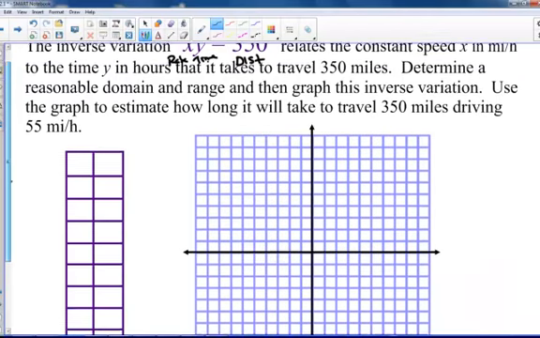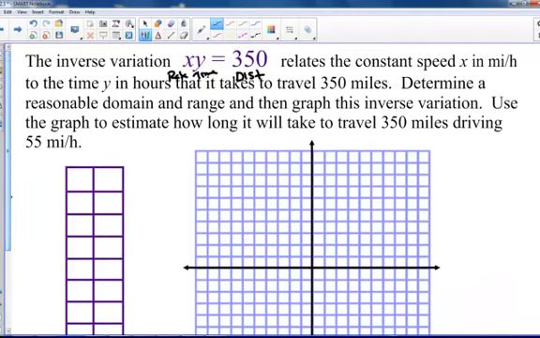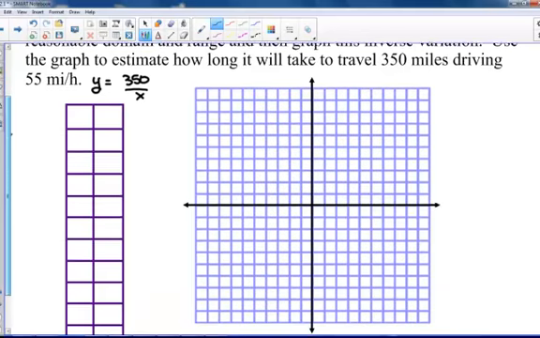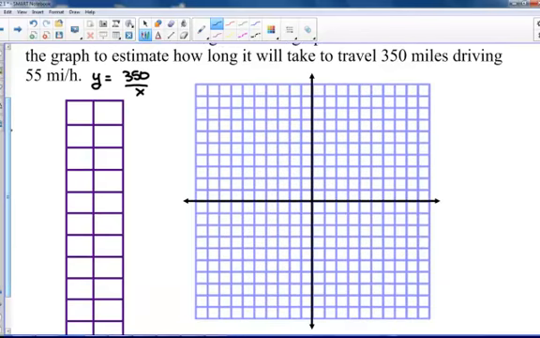Now, if you wanted to solve this for y, to write your equation, it's y equals 350 over x. If you have a graphing calculator, you can go to y equals, and you can type 350 divided by x, and hit table, and generate a bunch of points.